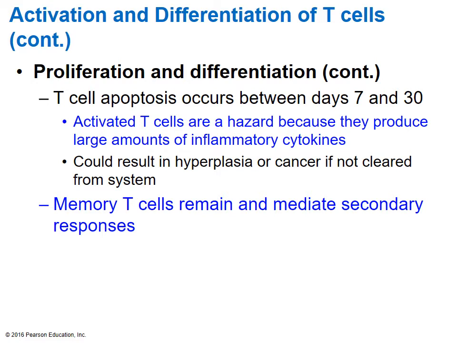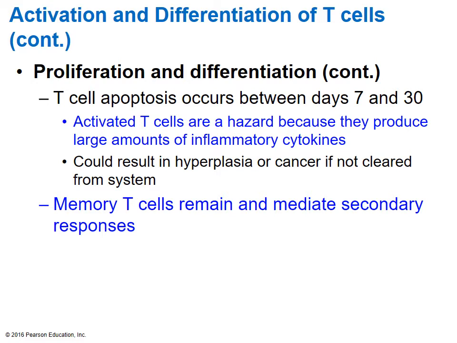This, of course, can put the body at a disadvantage. So we want to make sure that the killer T cells solely focus on the foreign antigen, and once those are done, we want to get rid of them if we no longer need them, because they could be hazardous and cause a secondary set of symptoms to appear.